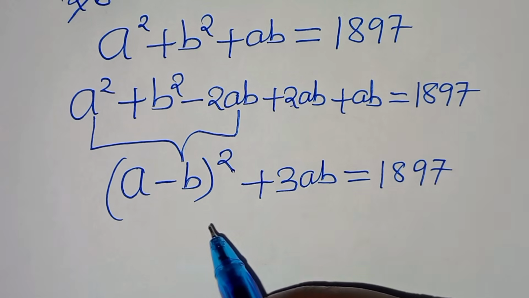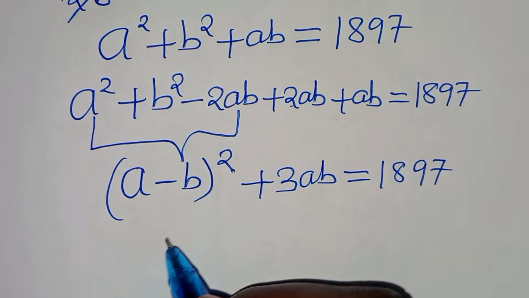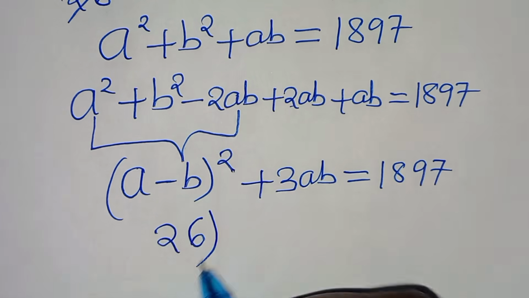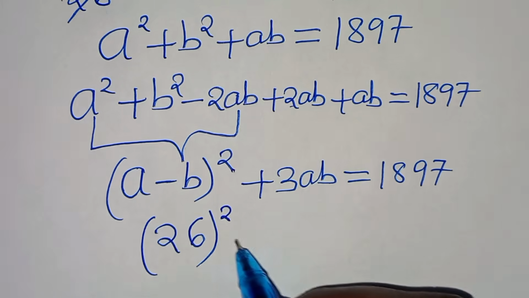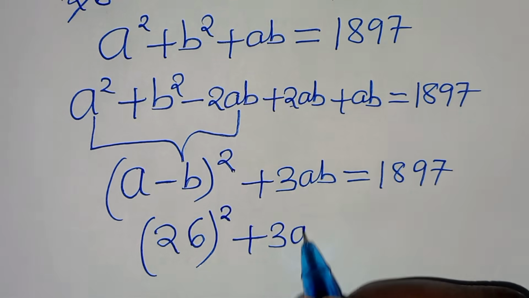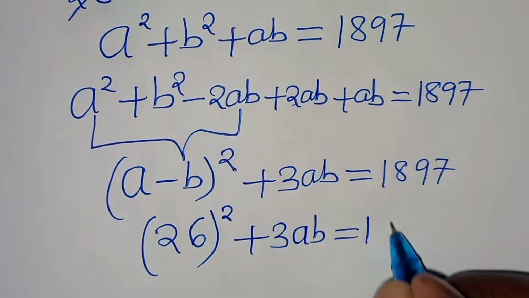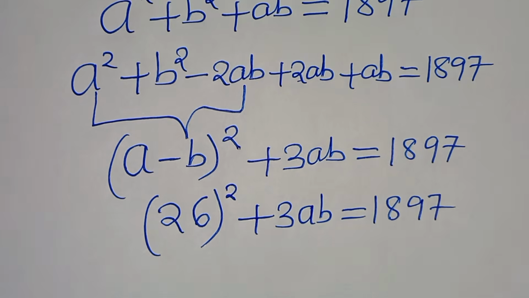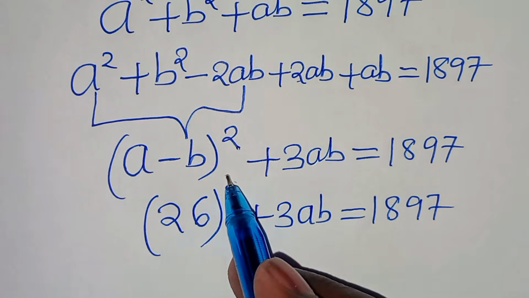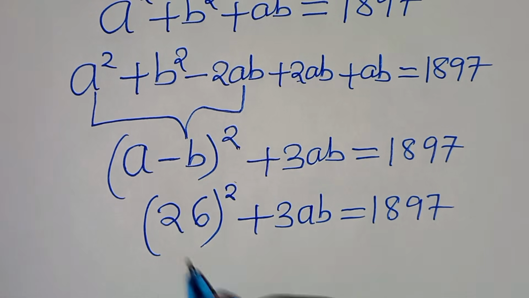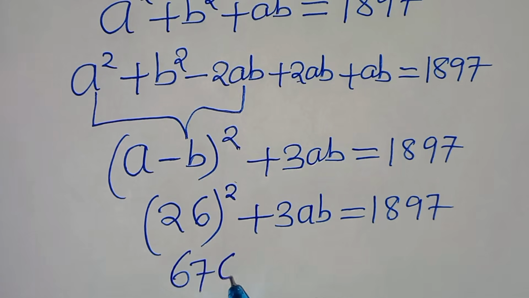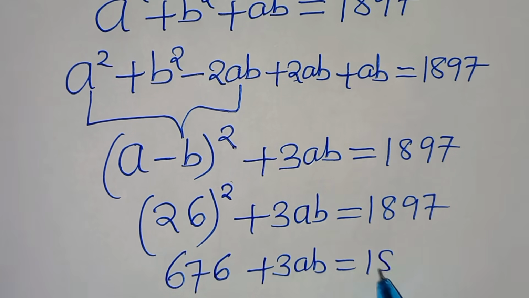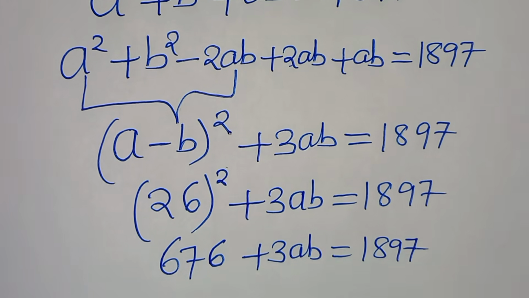a minus b is equation 1, which is equal to 26. So let's substitute 26 here: 26 raised to the power of 2, then plus 3ab, equal to 1897. Now 26 squared is the same thing as 676, then plus 3ab equal to 1897.